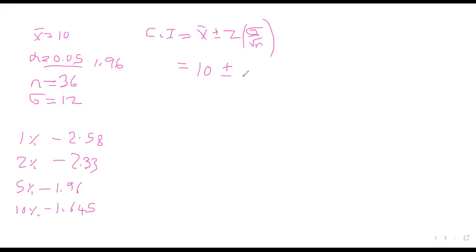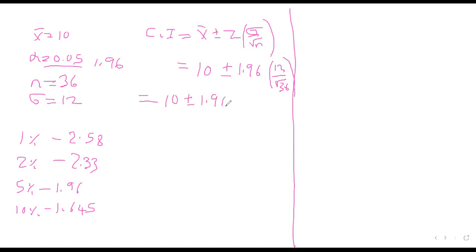So we are at 5%. Our Z is what? 1.96. And our standard deviation is what? 12. And our n is 36. So here we're going to have 10 plus or minus 1.96 times 12 over square root of 36, which is 6, 6 into 12, 2.